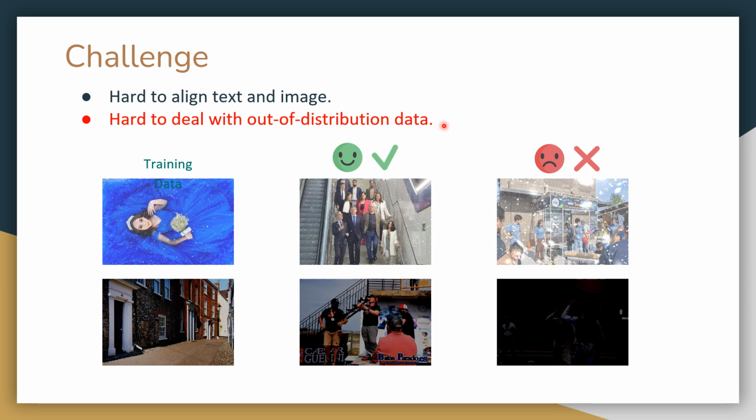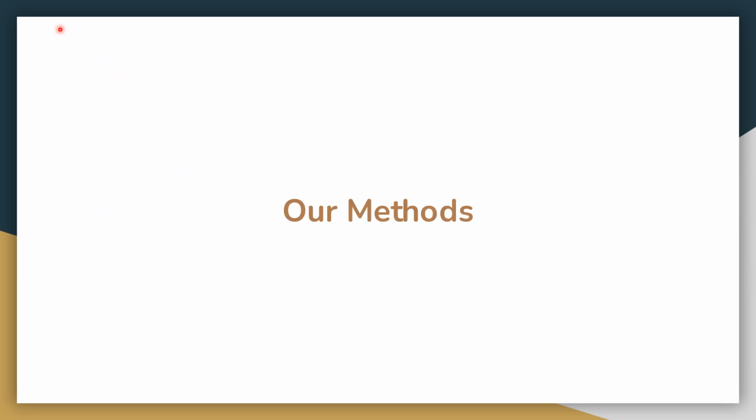For instance, as shown on the left-hand side, the deblurring results produced by PromptFix are suboptimal. Similarly, on the right-hand side, the model fails to deliver satisfactory outcomes for the task of low-light enhancement. In our project, we address these challenges and propose a solution to improve its performance. Next, I will introduce our method.